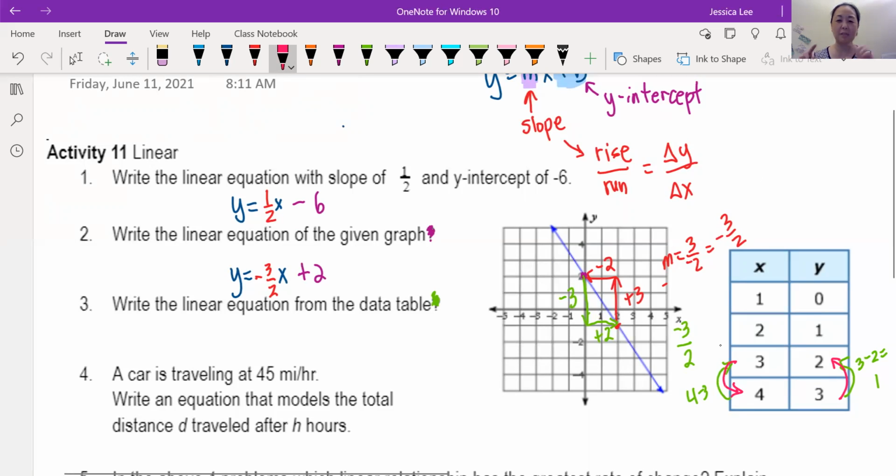Can't do that. It has to be the same direction. It's like starting from the bottom point for the rise, and then going from the top point to the bottom one for the run. Do you see how that makes no sense? You can't do that. It doesn't work like that. So we are going to just stick with one way. All right, so 4 minus 3, let me stick with my green here, which is, again, still 1.